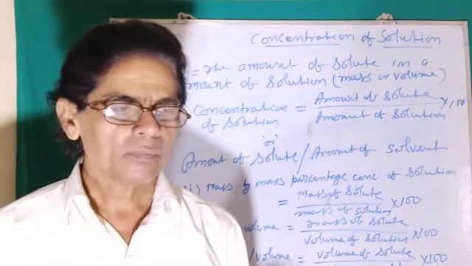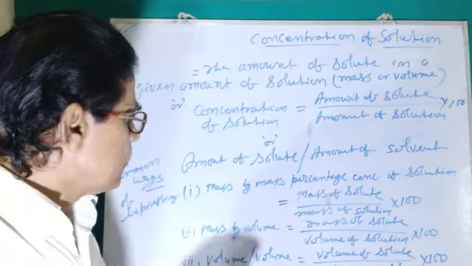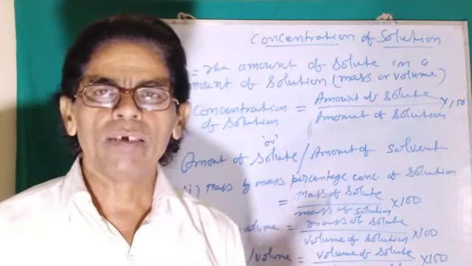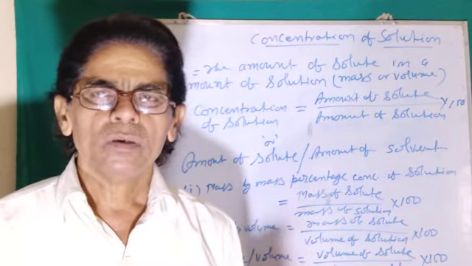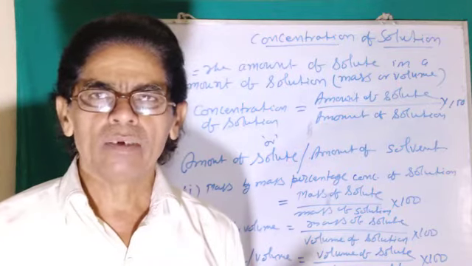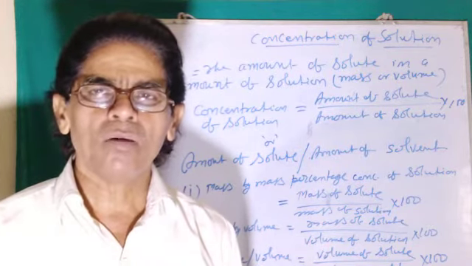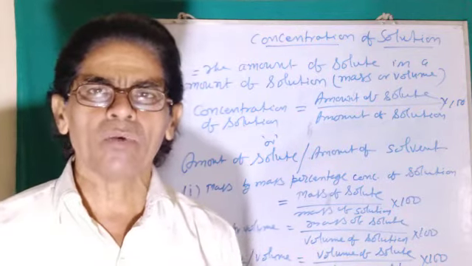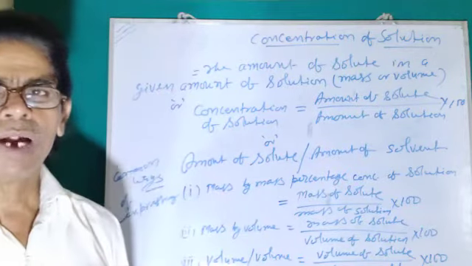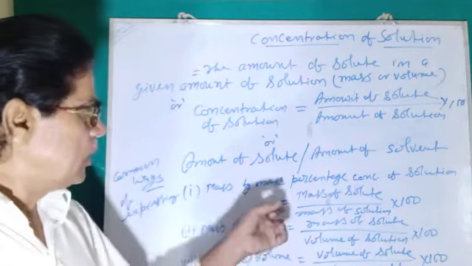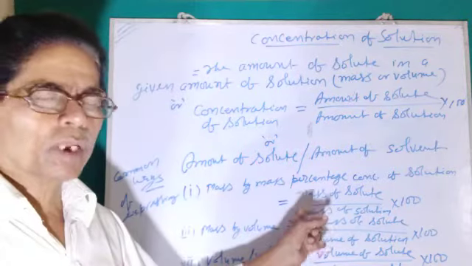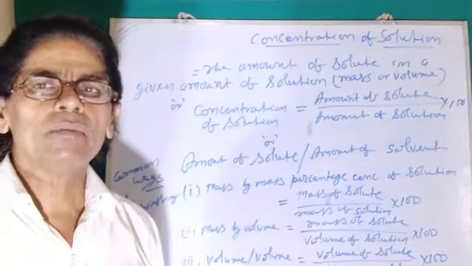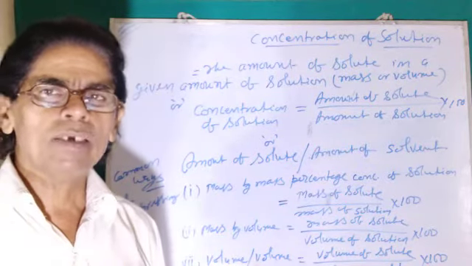Suppose that 20 grams of salt, meaning common salt, is present in 100 gram of solution. It means the concentration of the solution is 20 by 100 into 100, which is 20%.